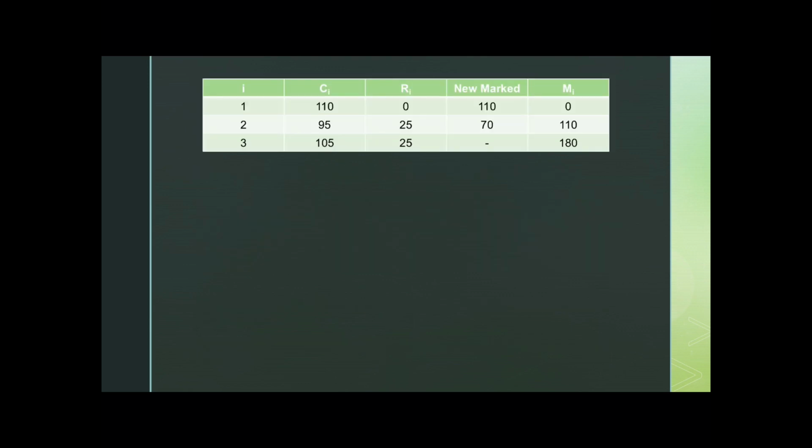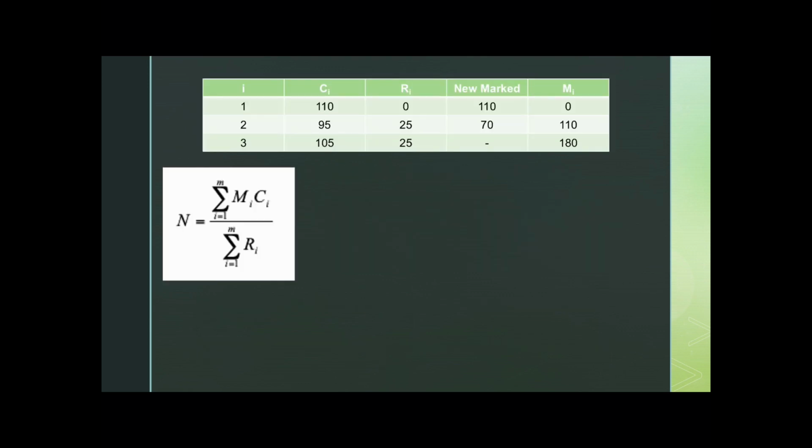So here's our table of data. Here's the equation that we're going to use. How do we actually put that together so that we can start to calculate our values?